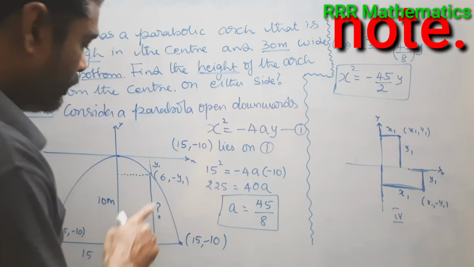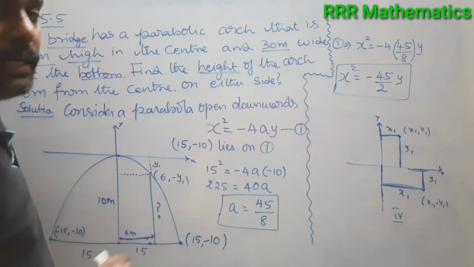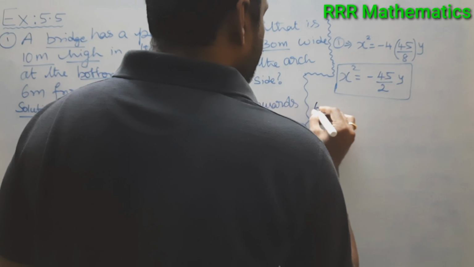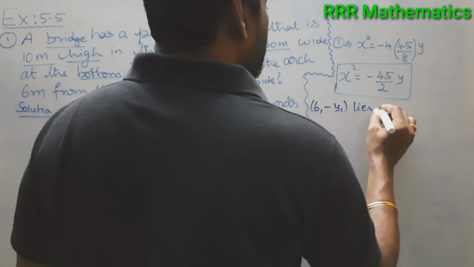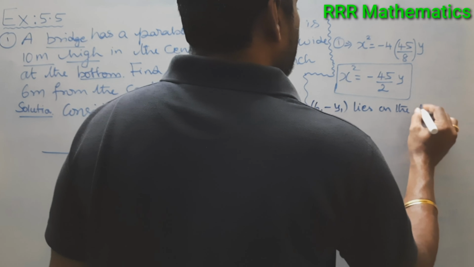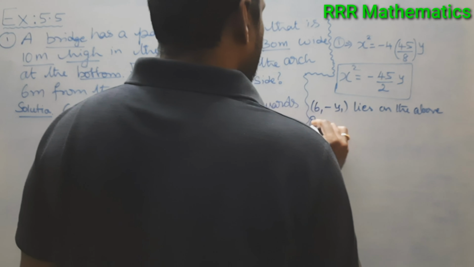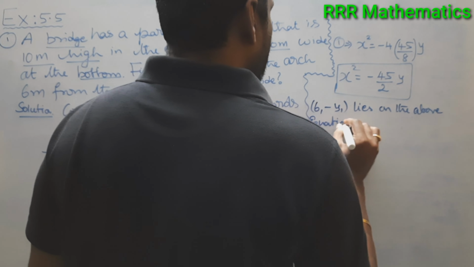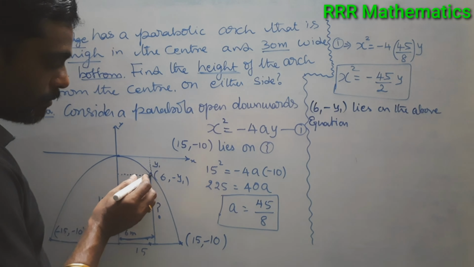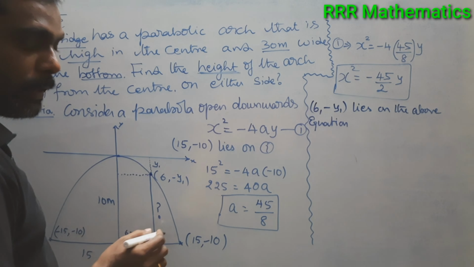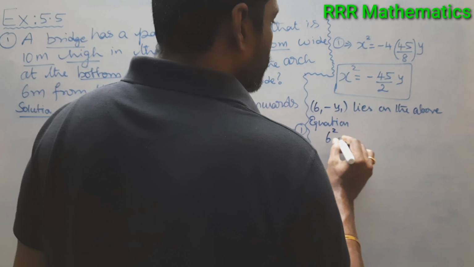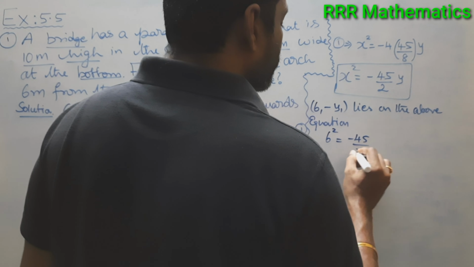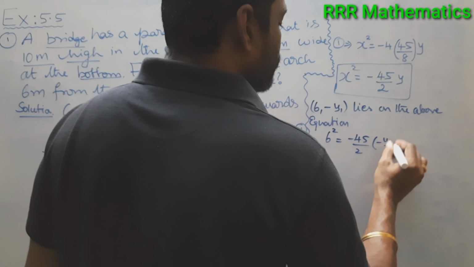Okay. Now substitute this point in the general equation. Got it? 6 comma minus y1 lies on the above equation. 6 comma minus y1 is a point on the parabola, so it will satisfy. Substitute here: 6 square equals minus 45 by 2 times y, that is minus y1.